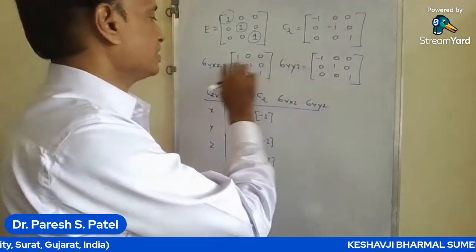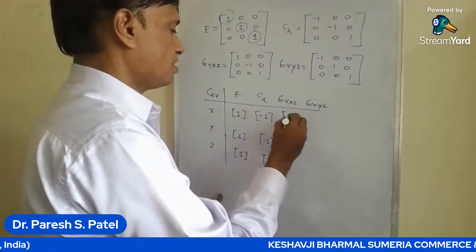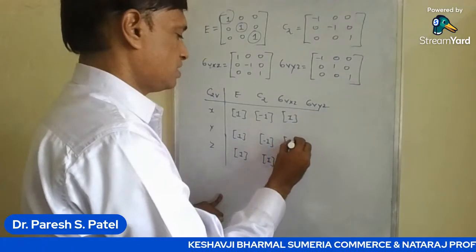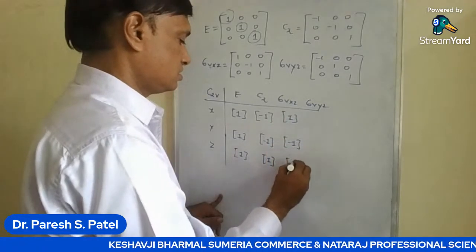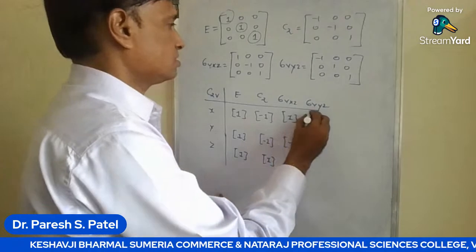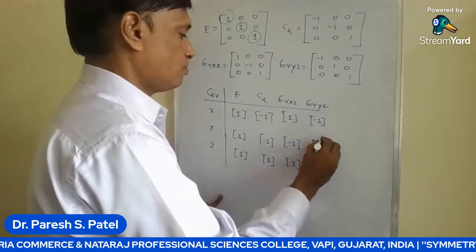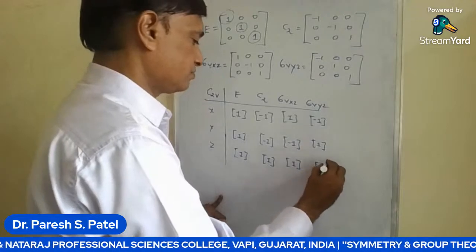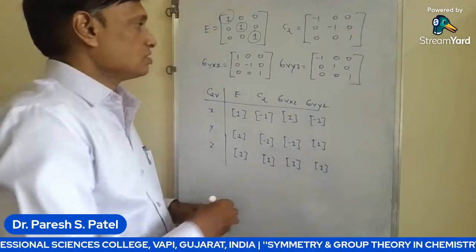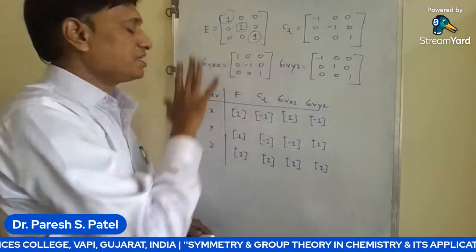Sigma Vxz: 1, -1, and 1. Similarly sigma Vyz: -1, 1, and 1. So these are the reducible representations.